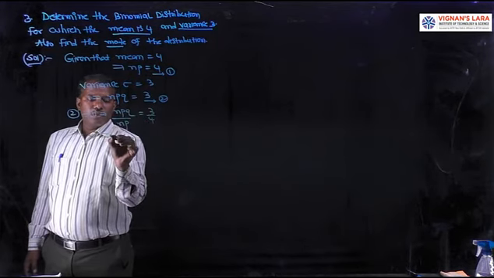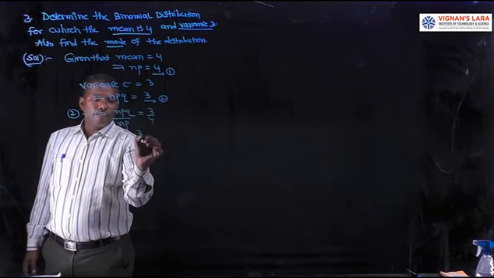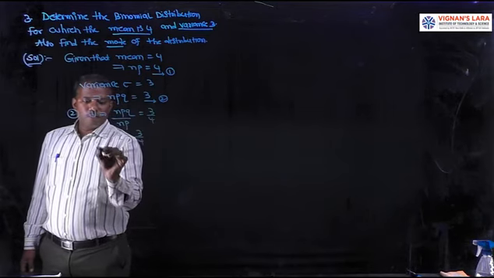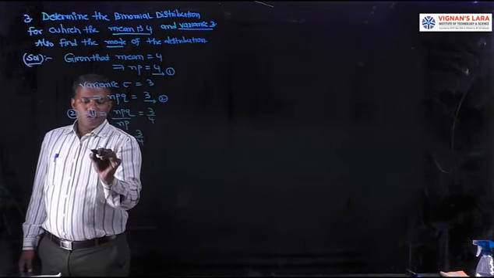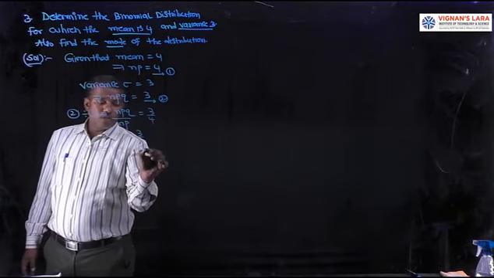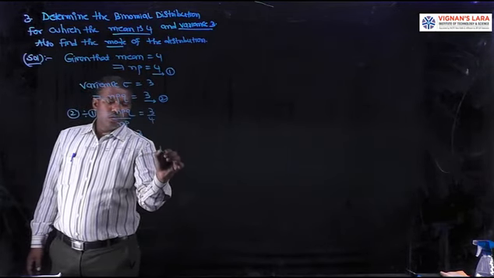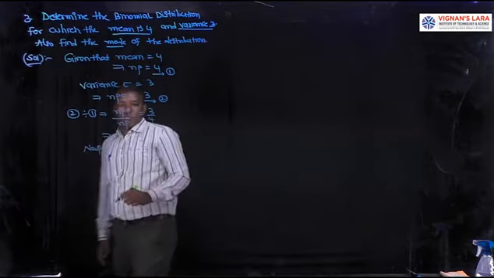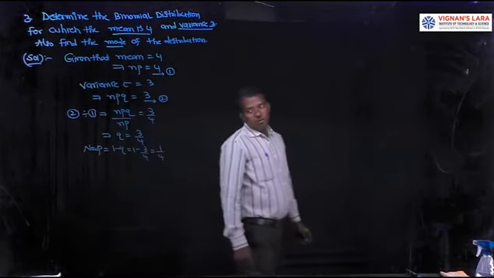That implies Q equal to 3 by 4. Then P is 1 minus Q, 1 minus 3 by 4, that equals 1 by 4.